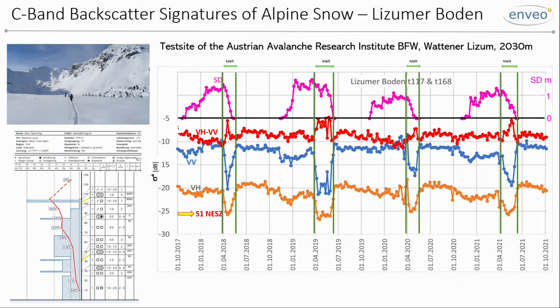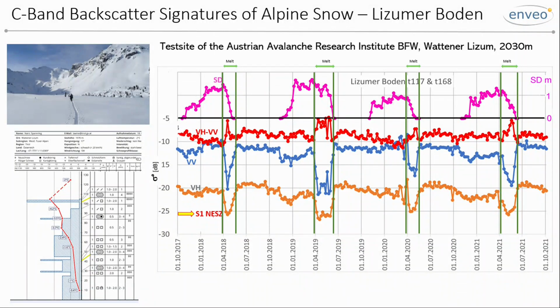So that's the first site, and in the upper part we see the time series of snow depth, close to the place shown in the photograph. We typically have up to about 1.5 meters of snow there, but it changes from winter to winter. We start in winter 17 and go to winter 21.